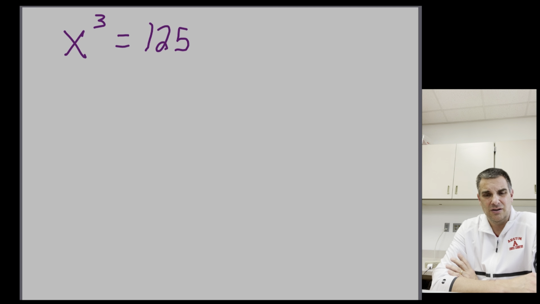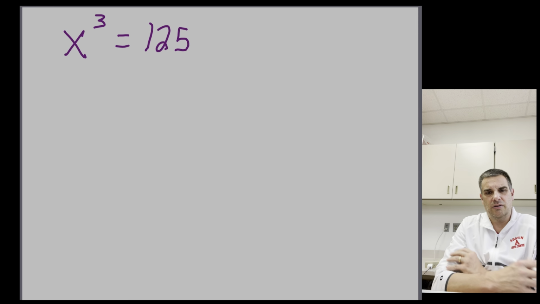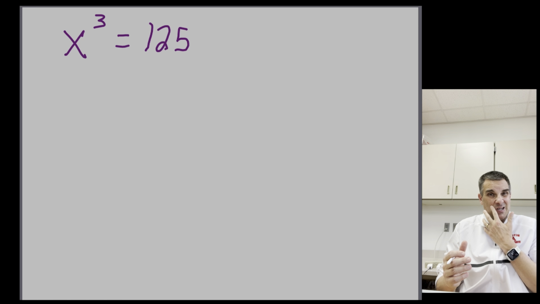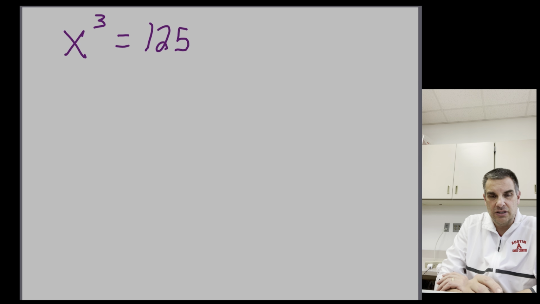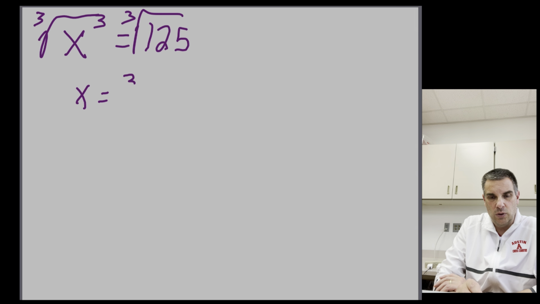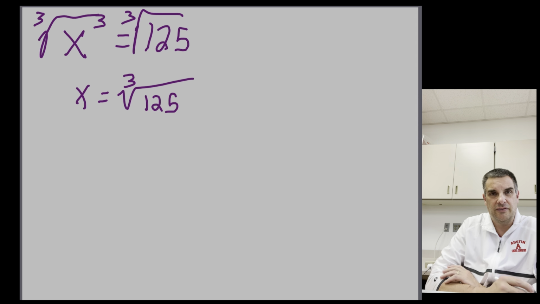This is something you've worked on before, and you said, okay, if we're going to solve this equation, it's equivalent to taking the cubed root of both sides. So x then is going to equal the cubed root of 125.